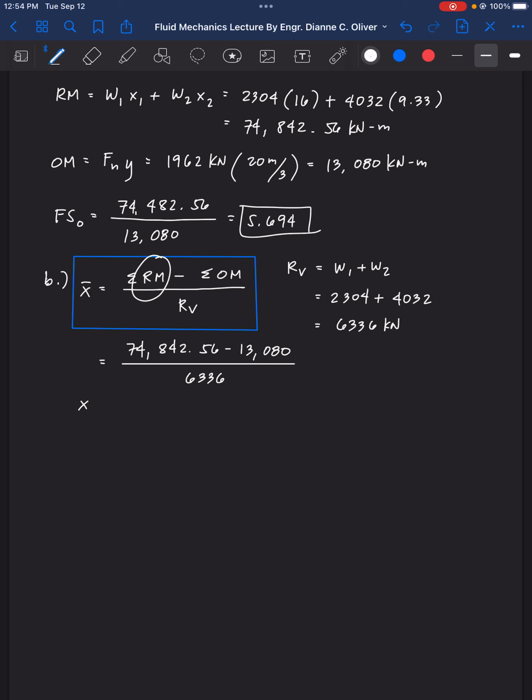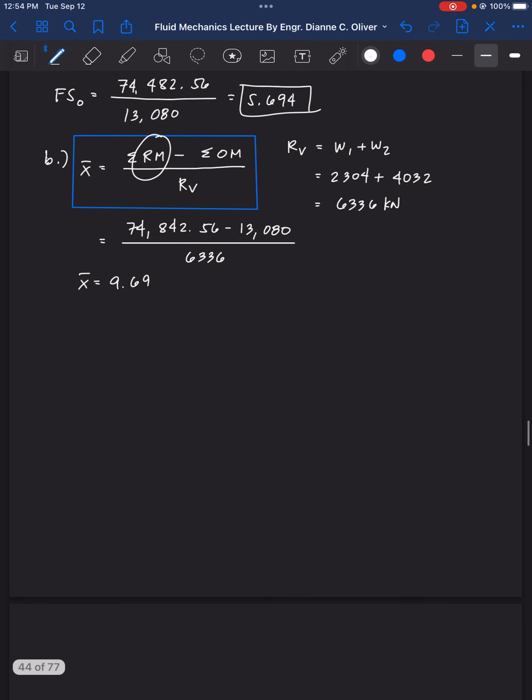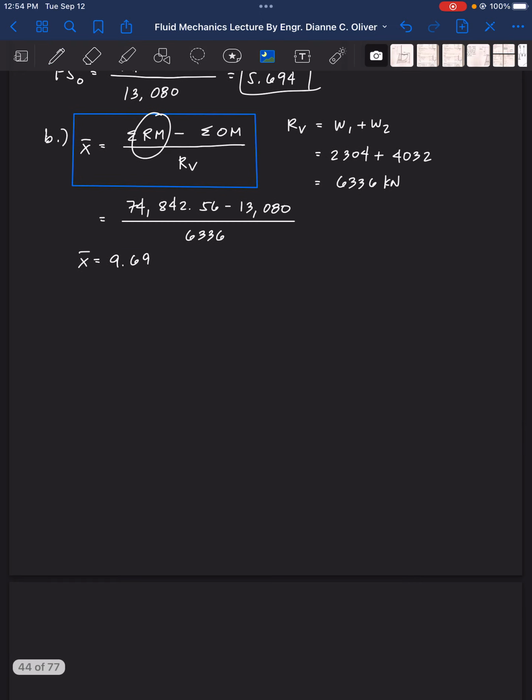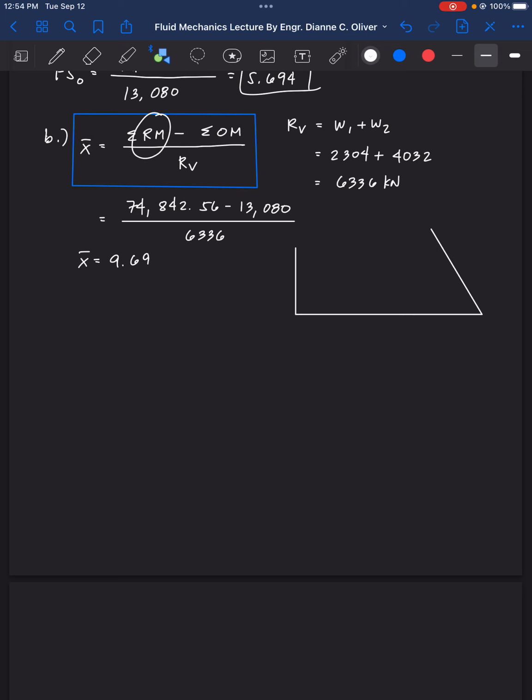So X bar is now equal to 9.69. So this is the base of our trapezoidal dam, that is 18 meters at the bottom.